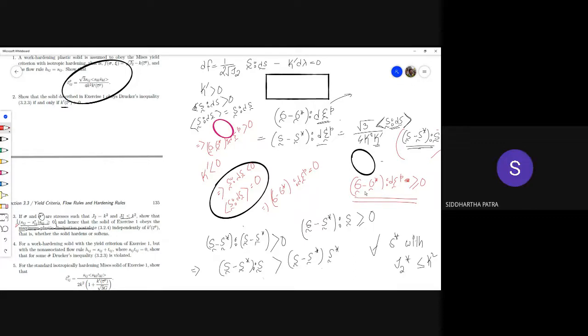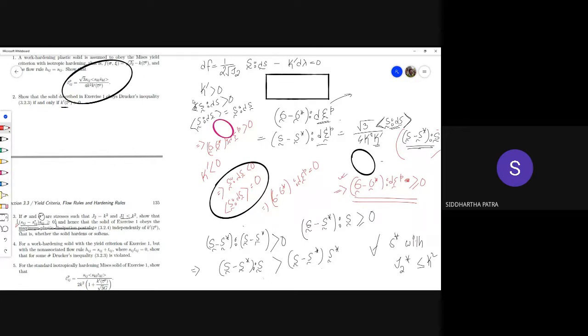So this we did to show that if the maximum plastic dissipation postulate were true, it can be represented like this. And if the maximum dissipation postulate is true, then the yield surface is convex.